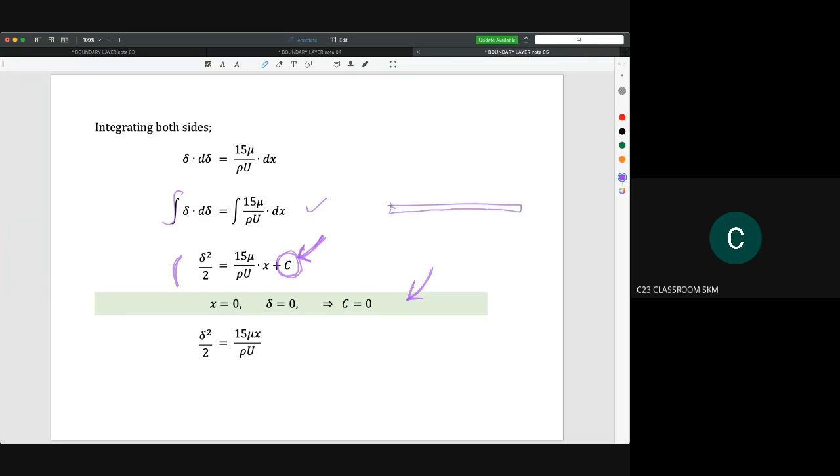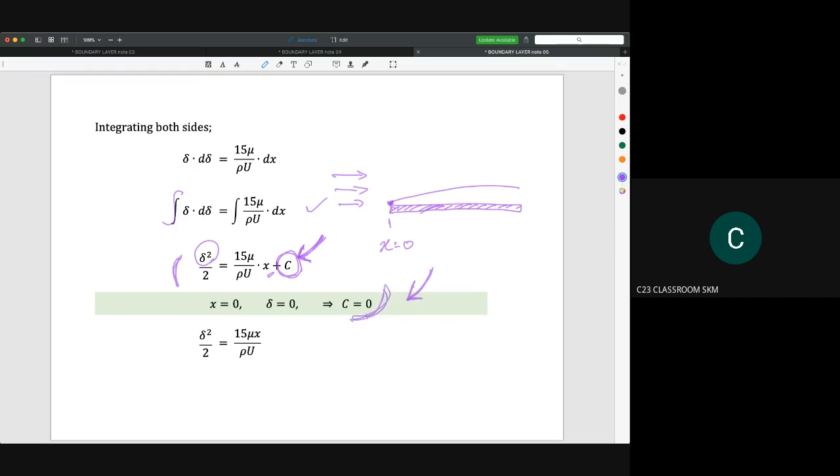If we have a plate here, and this is where the wind comes in, this is x equal to 0, the starting point. At x equal to 0, the boundary layer thickness does not exist yet. So if x is 0, delta is 0, then the value of c becomes 0.